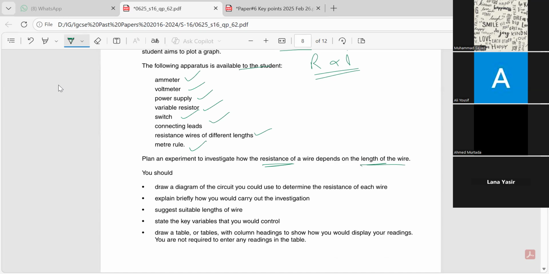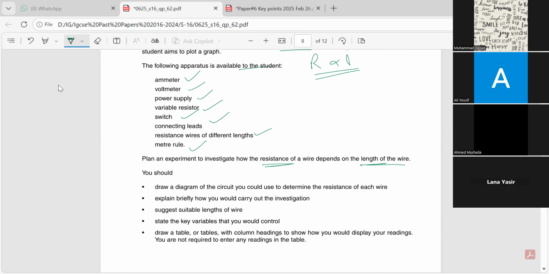Here, where it says plan an experiment, my dear friends, you have to decide which one is the independent variable and which one is the dependent variable. First of all, the independent variable is the variable which is changed by the student or by the teacher while performing the experiment. So in this case, we will change the length of the wire.